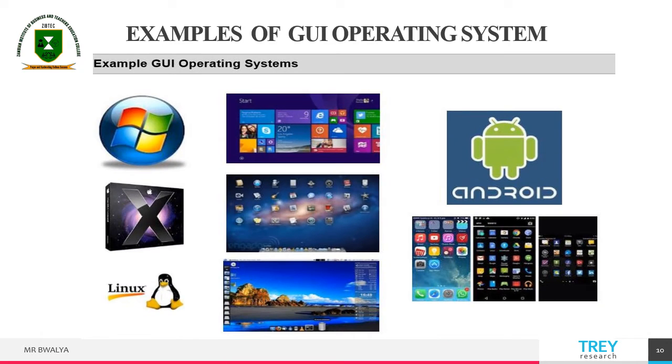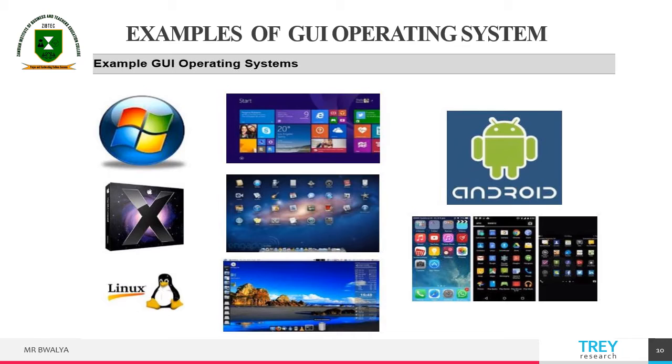Examples of the graphical user interface operating system, which is usually abbreviated as the GUI. So here are the examples. The first example, the one with the blue button having four colors: blue, red, yellow, and green, is representing the Microsoft Windows operating system.